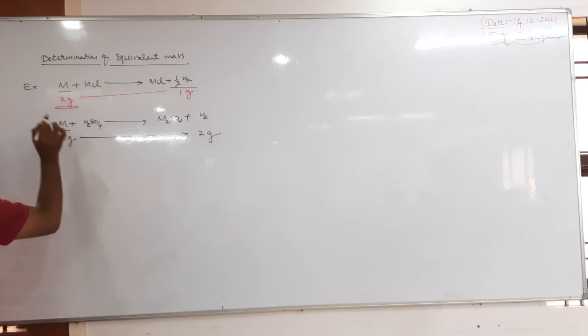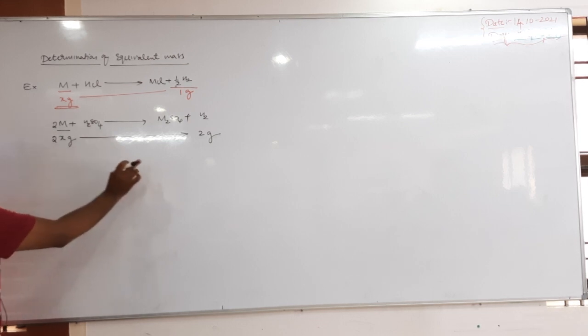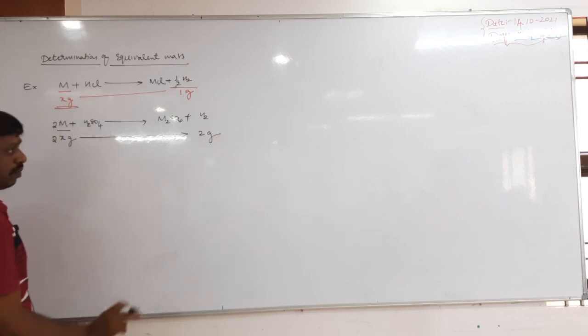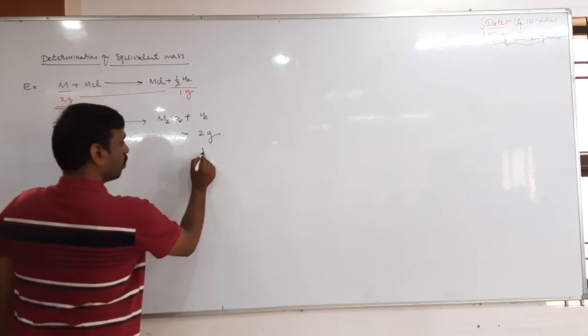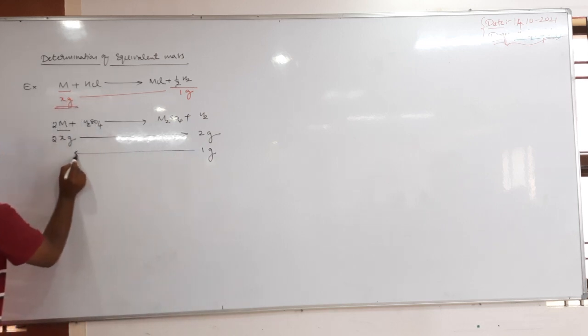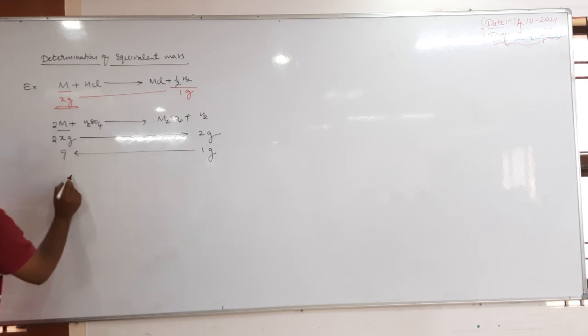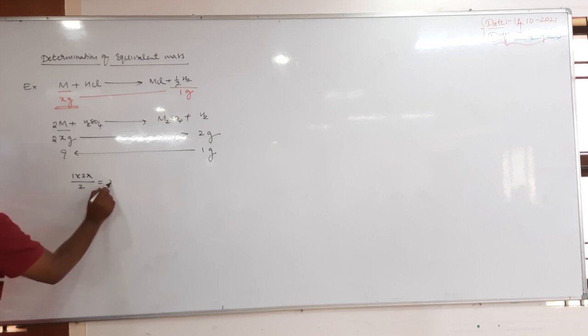But actually what we want is 1 gram of hydrogen. 1 gram of hydrogen is liberated by how many grams of metal? That is 1 into 2x by 2, which is equal to x.